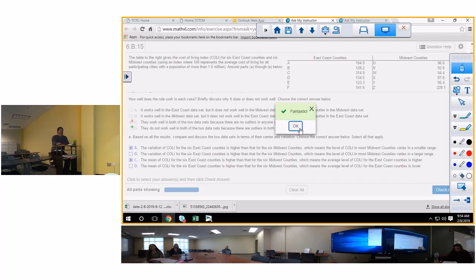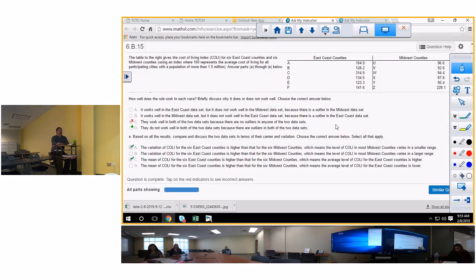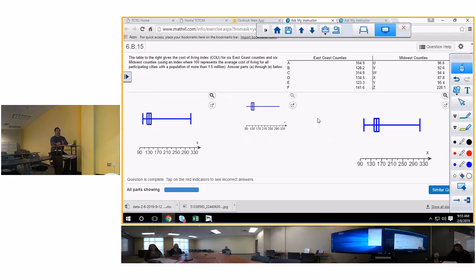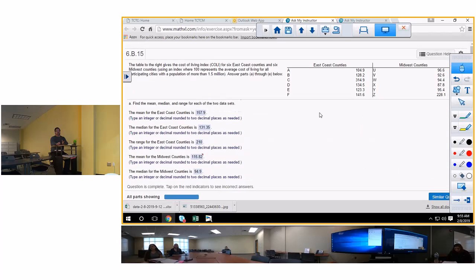So basically you're comparing them, but what it comes down to is that cost of living index. The Midwest has a better set of data than the East Coast. Okay? This question is not a test question. Did y'all see one like this on the test? No. I would not put this on a test because it's too much.